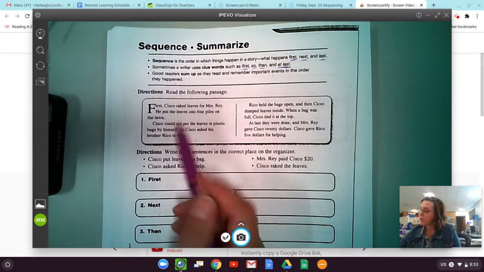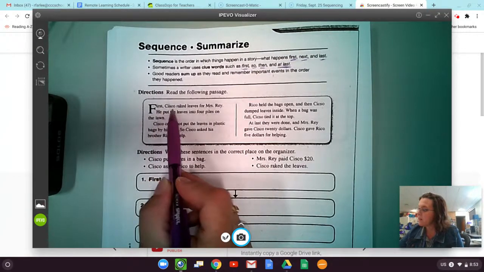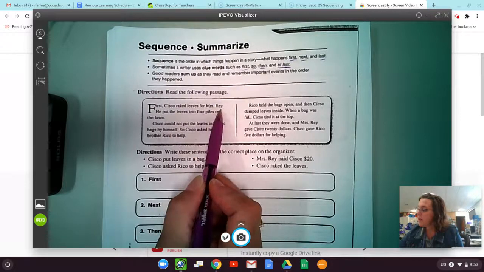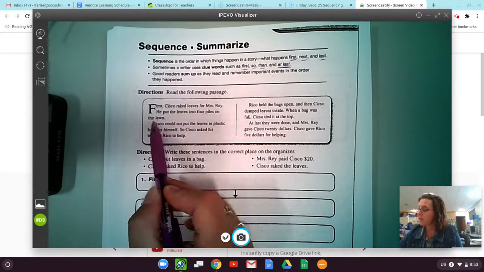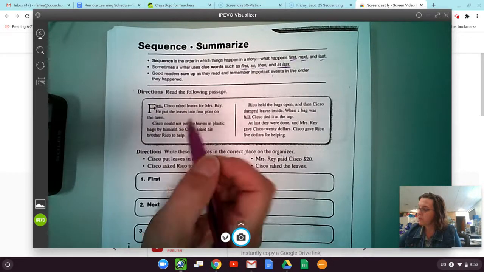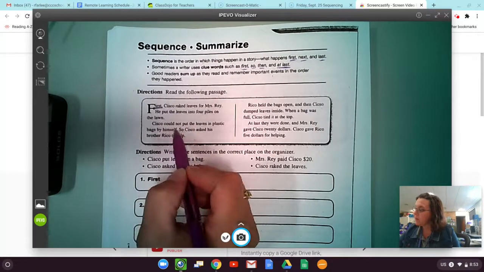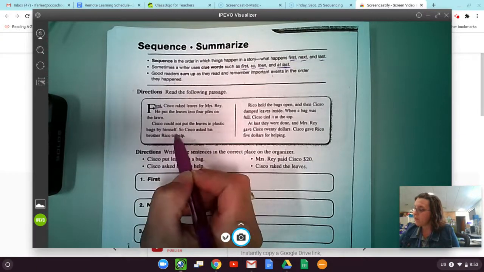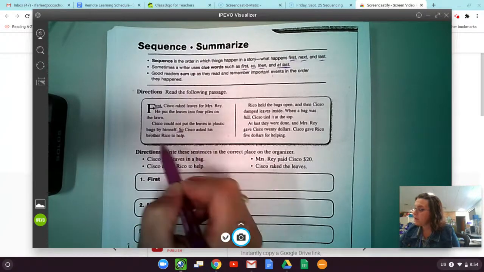So here we go. Let's read this story together. First, Cisco raked leaves for Mrs. Ray. He put the leaves into 4 piles on the lawn. Did you see that word? There was a clue word right there. First, he raked the leaves. Cisco could not put the leaves in plastic bags by himself. So, Cisco asked his brother Rico to help.